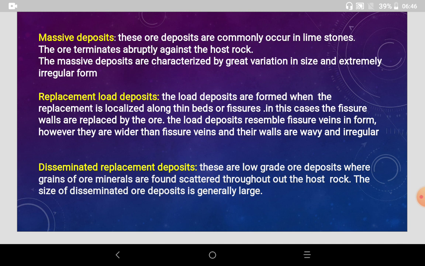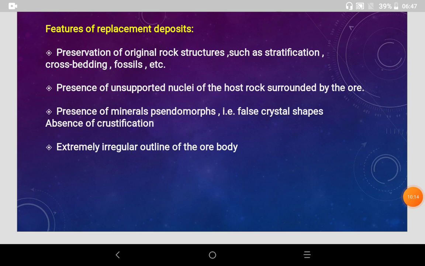In case of incomplete replacement, the residual host rock forms part of the ore body. Many precious metals, base metals, and rare metals, besides ferrous and non-metal deposits, are examples of replacement deposits. These are the characteristic features of replacement deposits.